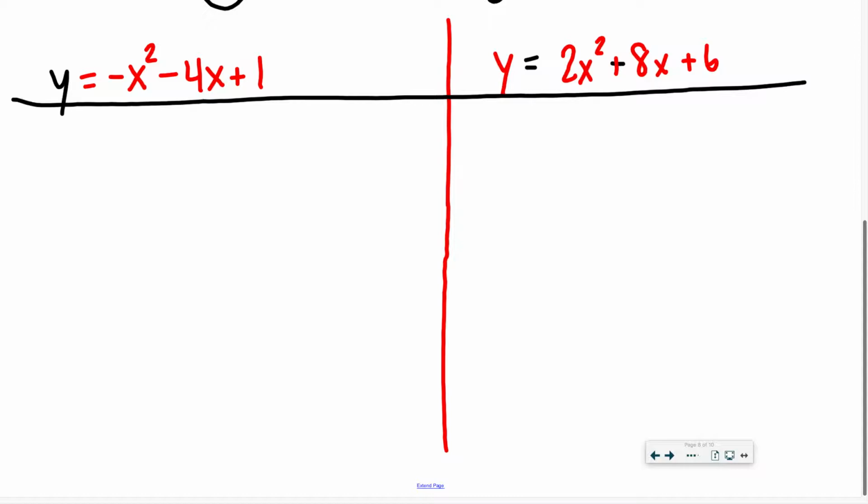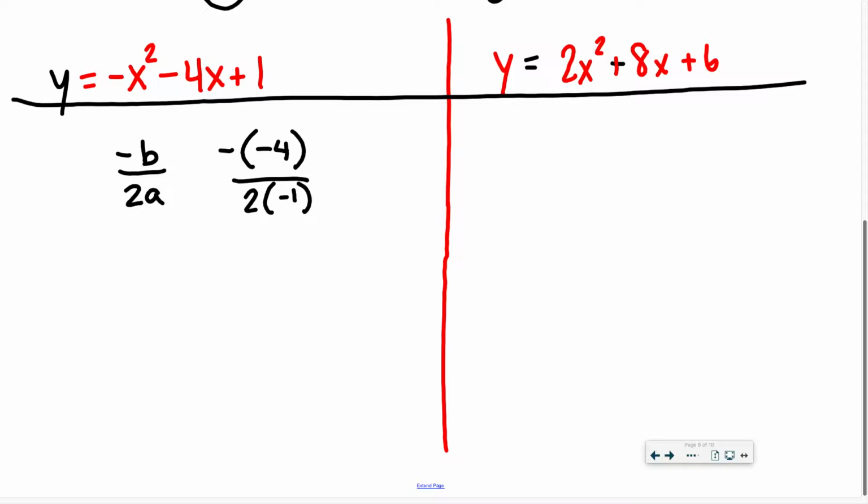For the first equation, who wants to share the calculation you did to find the axis of symmetry? Patrick. I don't know if I'm right. So you first do the thing with the -b over 2a, and the negative b will be positive 4 over 2 times -1.